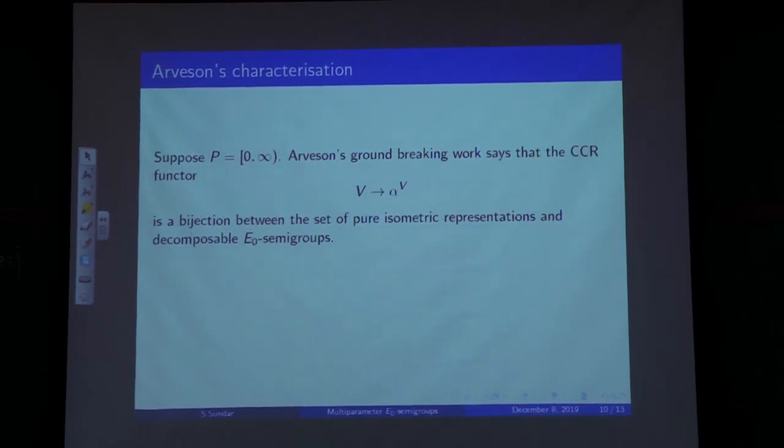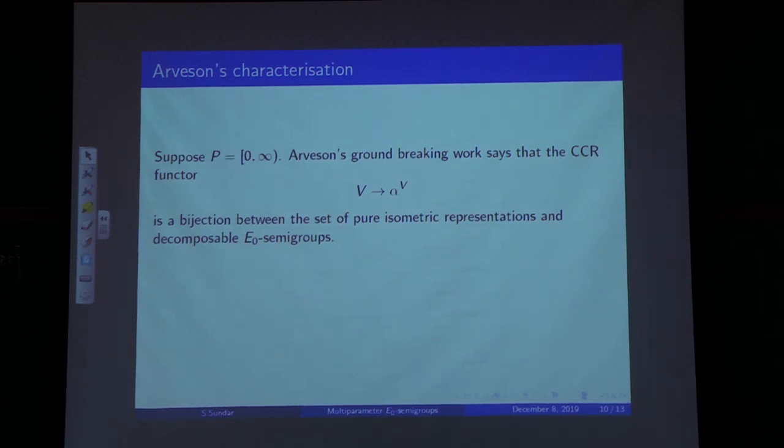And Arveson's groundbreaking work is the following. Suppose P is 0 to infinity, that is the one parameter case. Then Arveson's result says that the map V going to alpha V, that is, from an isometric representation using the CCR construction you can construct an E0 semigroup, is a bijection between the set of pure isometric representations and decomposable E0 semigroups. Any one parameter isometric representation is essentially a shift and a unitary, just like any isometry is a shift and a unitary.